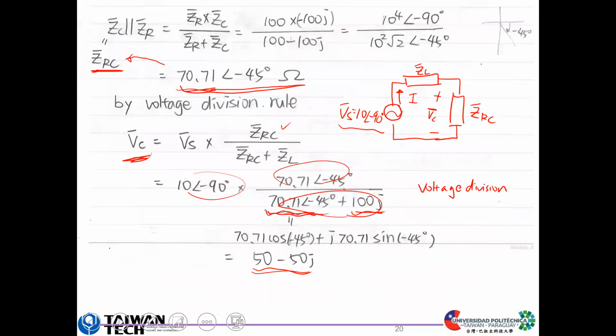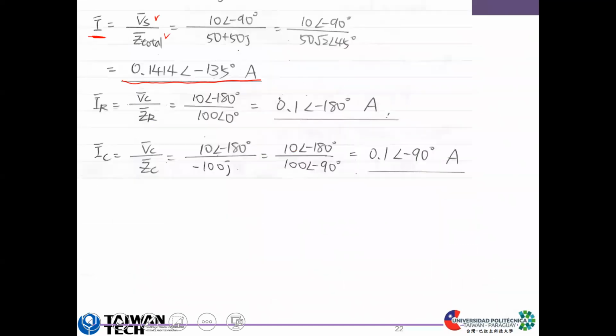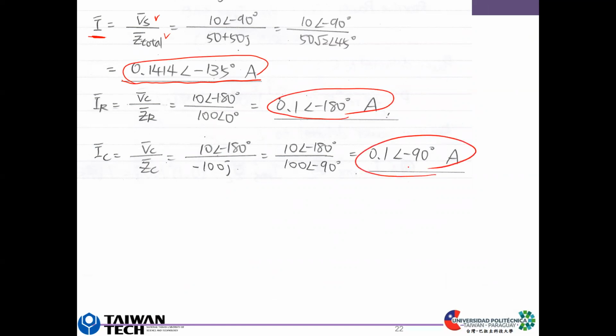So we have this, and we have this. And if we draw this I, it needs to satisfy KCL, so we have I equals IR plus IC.